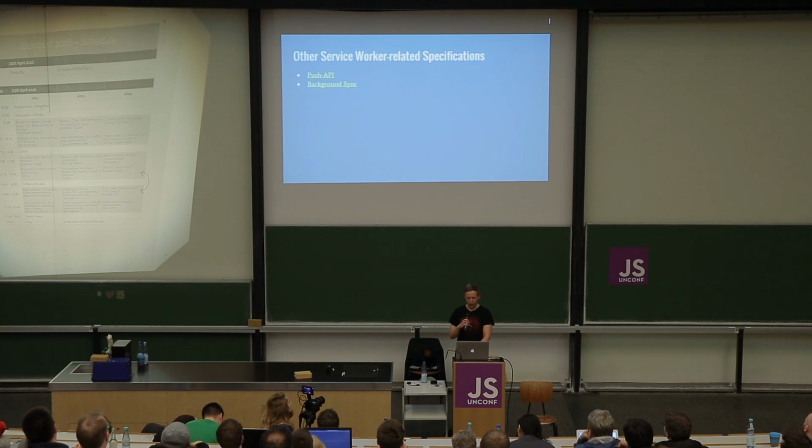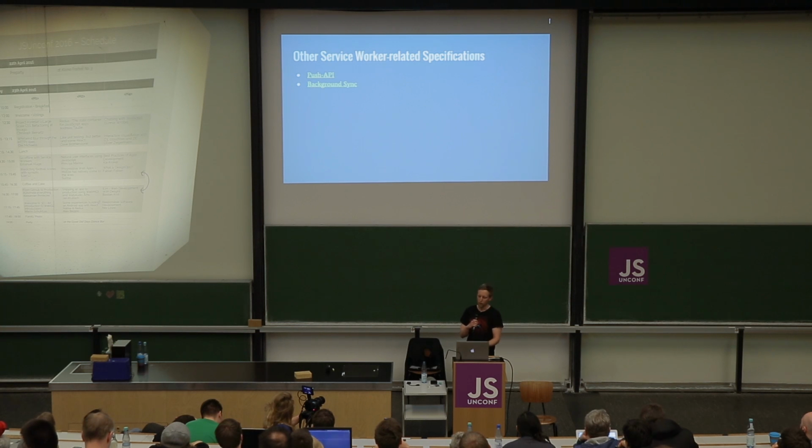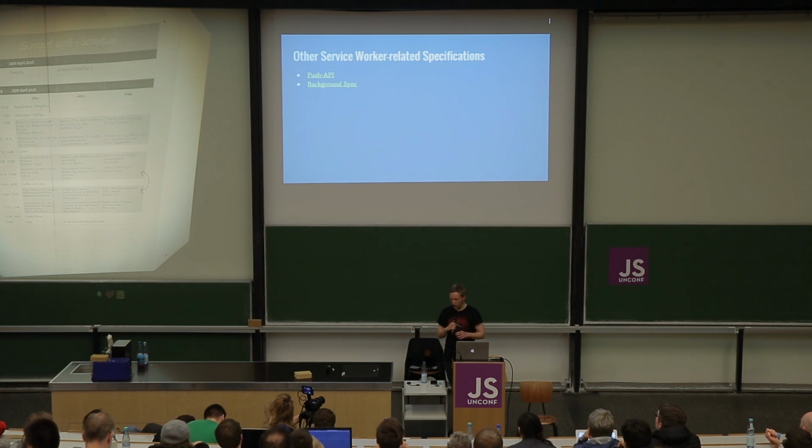Also, an interesting thing is the background sync. So the browser can store made requests, like post requests, if the user writes a message or something similar. And if the user then is offline, it's stored in the background and then synced when the user goes online.